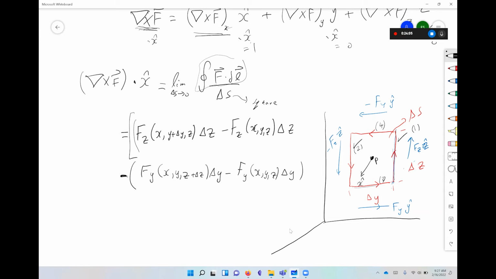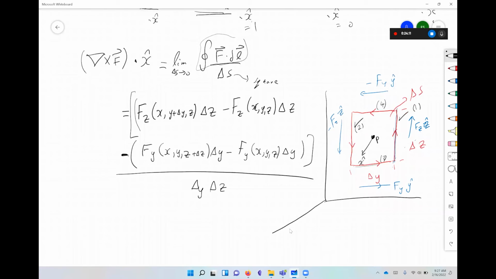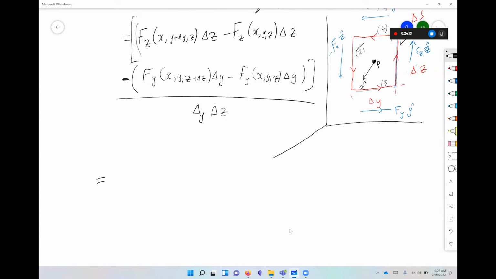Now both of those terms are divided by delta S, which is delta y times delta z. So what does this give me? Delta z cancels out. I end up with fz at (x, y + delta y, z) minus fz at (x, y, z).